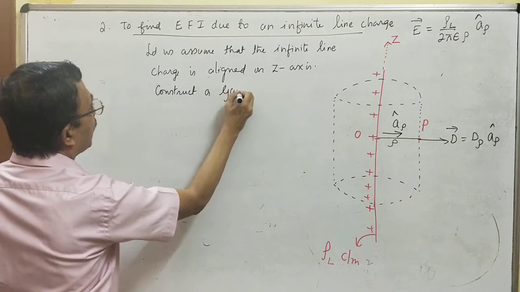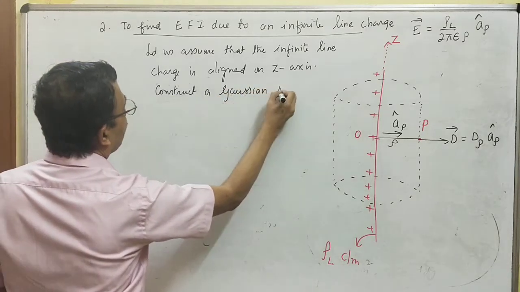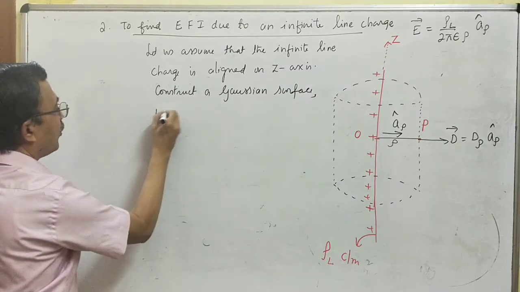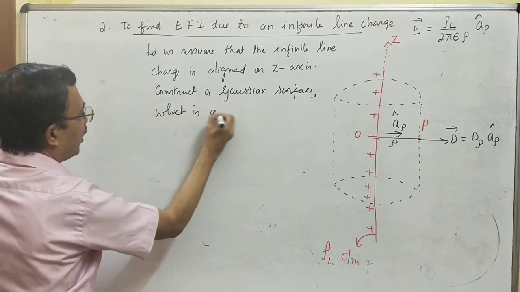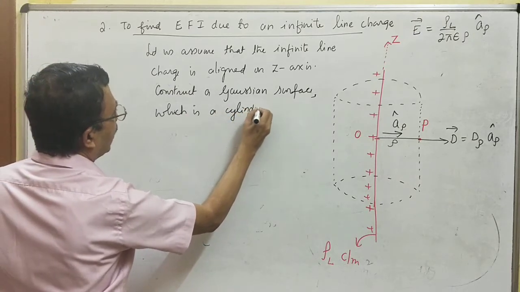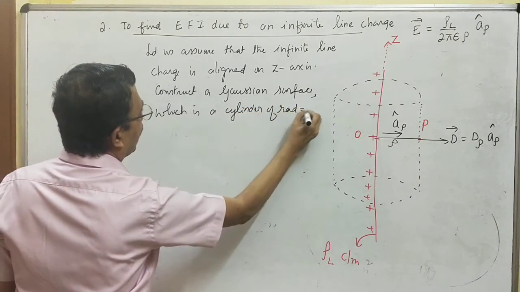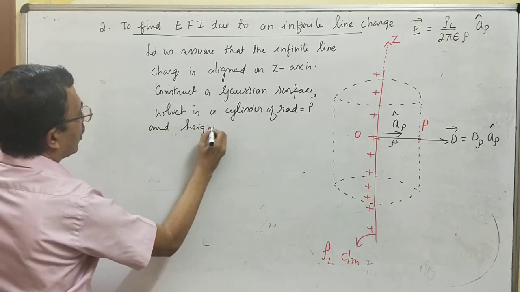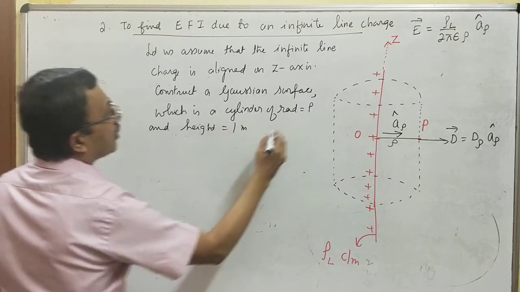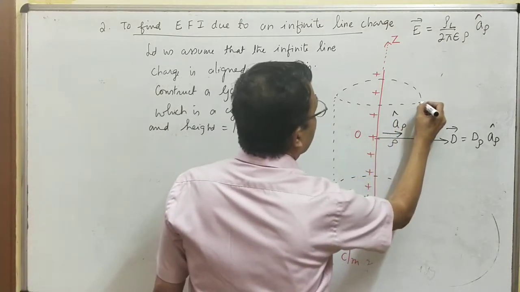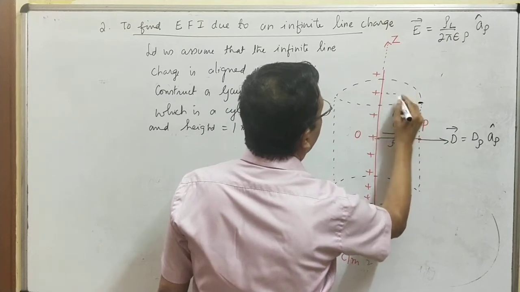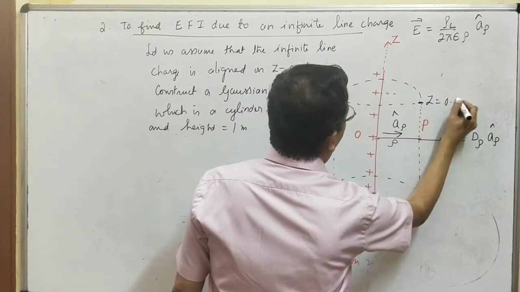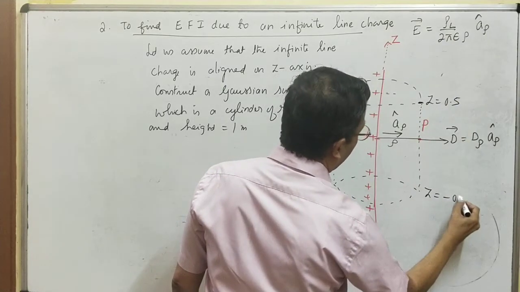Construct a Gaussian surface, which is a cylinder of radius equal to rho and height equal to 1 meter. That means this is z equal to 0.5 and this is z equal to minus 0.5.